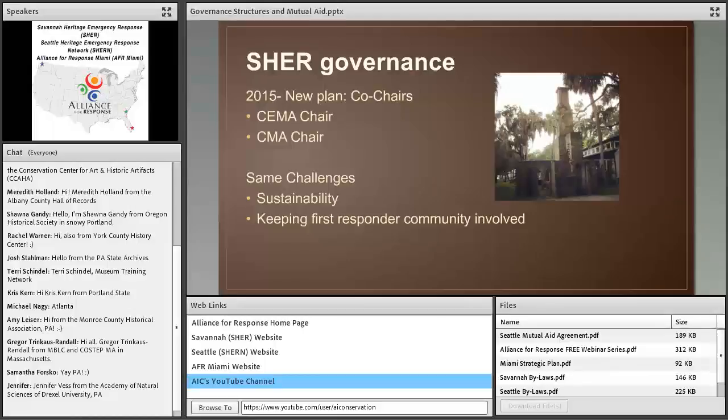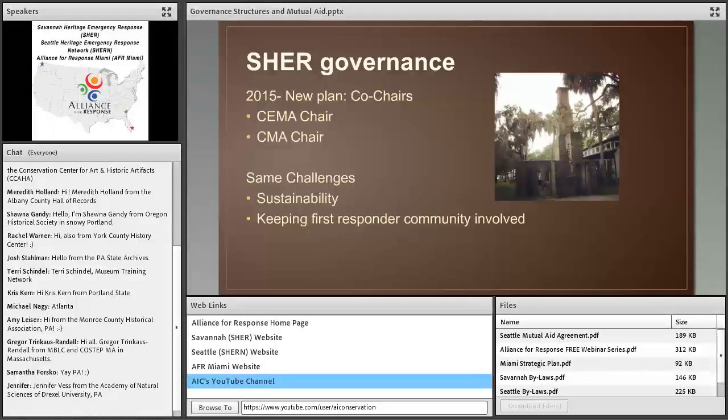The Coastal Museums Association is our professional group of museums and libraries and archives, all of our cultural folks. And so we would coordinate with them and put together basically a mutual aid agreement, although we called it a memorandum of agreement, and put together an agreement with them that they have 10 programs a year. At least one of those programs would be shared programming.